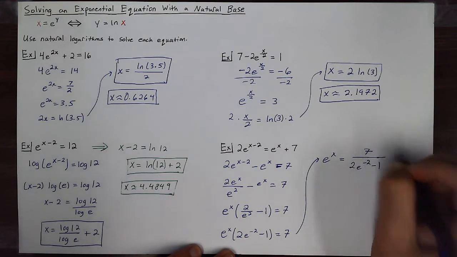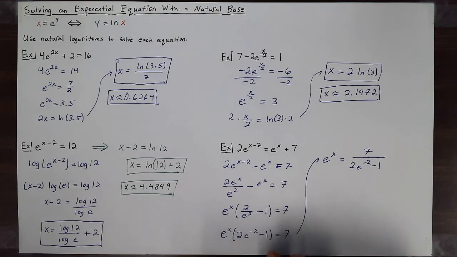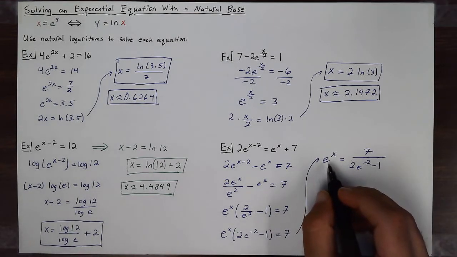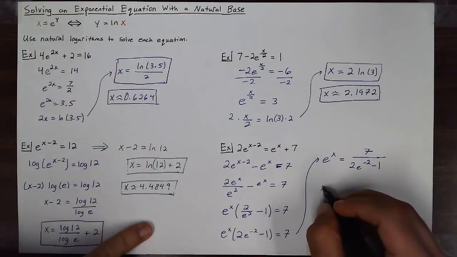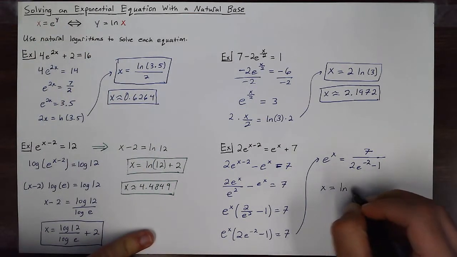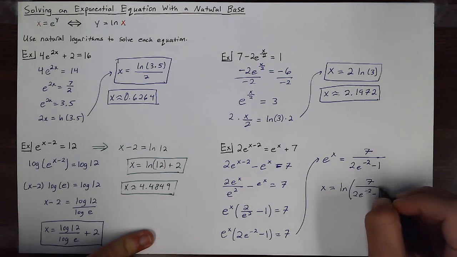If I kept it as a fraction, I would have had a fraction within a fraction, which I didn't want to deal with. Now to finish solving, I'll switch it to its natural logarithmic form. So the exponent x will be by itself. It'll be equal to natural log of 7 over 2e to the negative 2 minus 1.